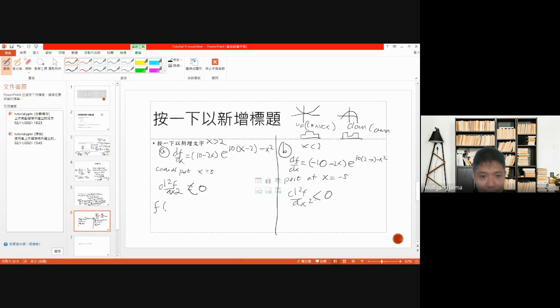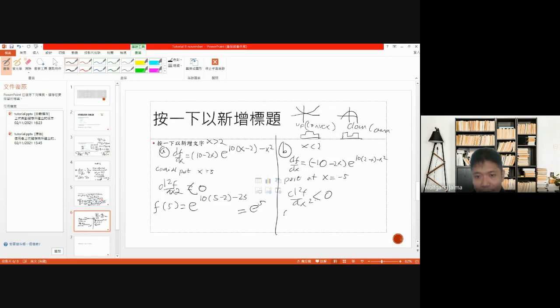So f(5) will be e to the power of 10 times 5 minus 2 minus 25, so it will be 30 minus 25, e to the 5.